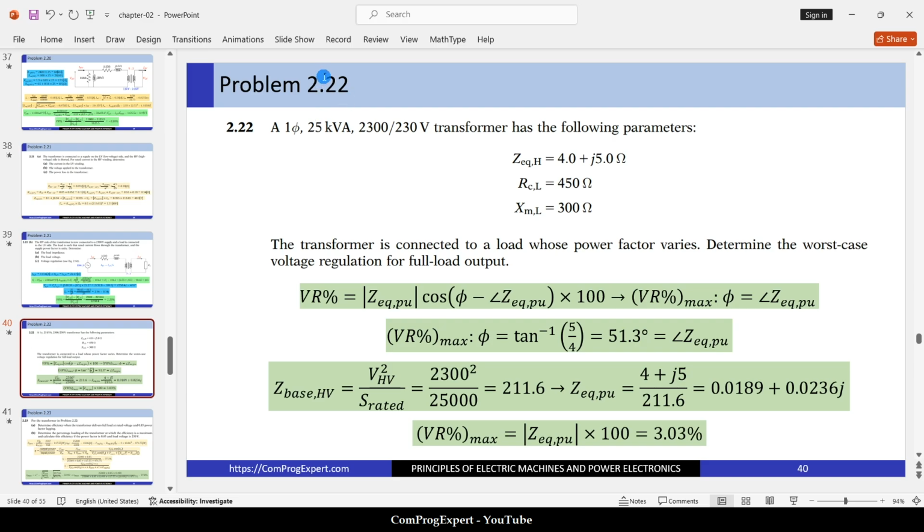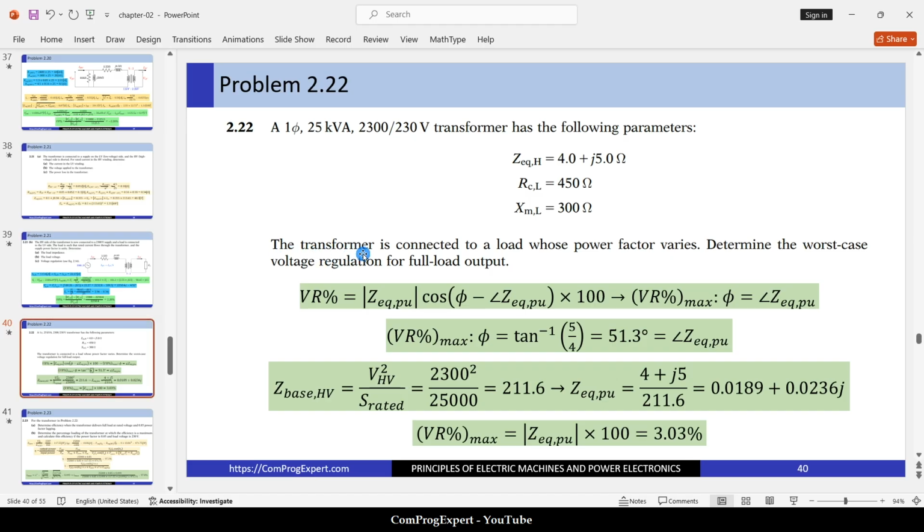Problem 22. A single phase 25 kVA 2300 to 230 volts transformer has the following parameters: the Z equivalent for the high voltage side and the RC, the equivalent core resistance, and the magnetizing reactance for the low voltage side.